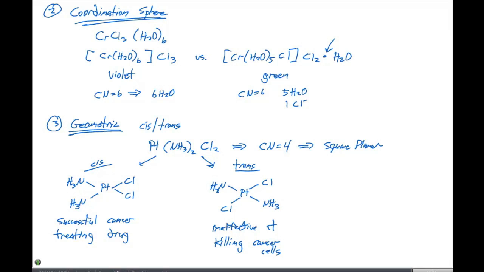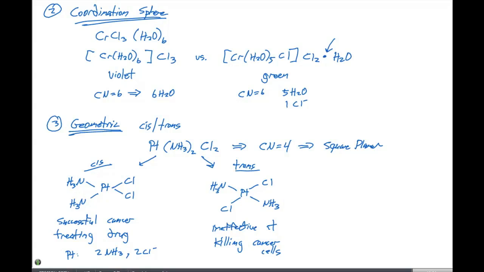One of the things I also want to point out is that geometric isomers are stereoisomers, which means they have identical bonds. In the cis case, we have a platinum coordinated to 2 NH3s and also coordinated to 2 Cl minuses.